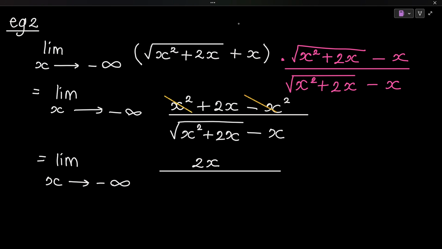Now, what we're going to do underneath the square root is we are going to pull out x squared as a common factor. In the first term, we are left with 1. In the second term, we're going to be left with 2 over x. Now, x squared times 2 over x is going to give us 2x, so that does work out. And next to that, we have minus x.